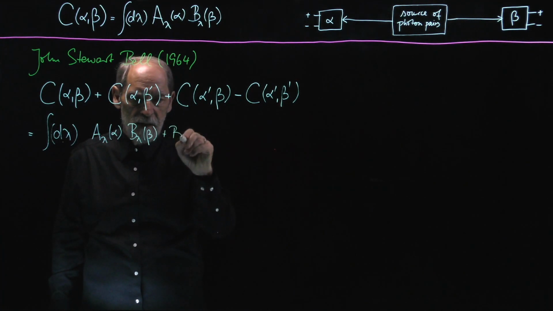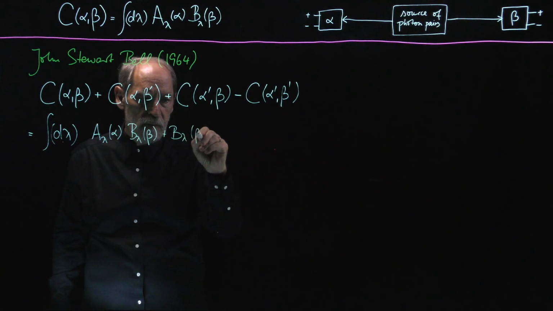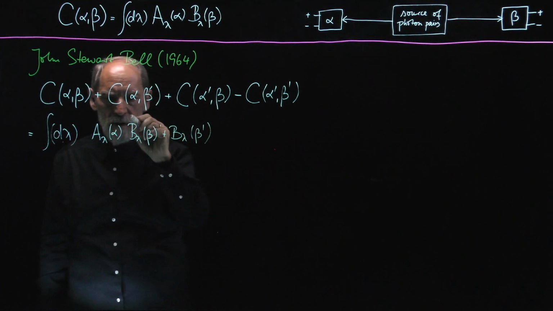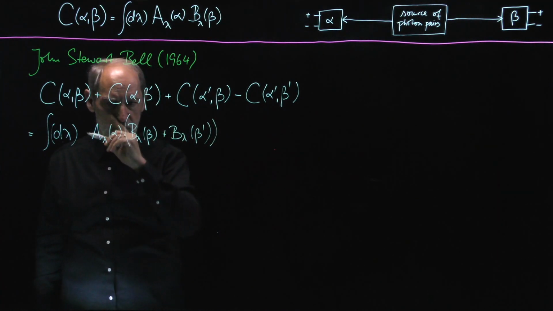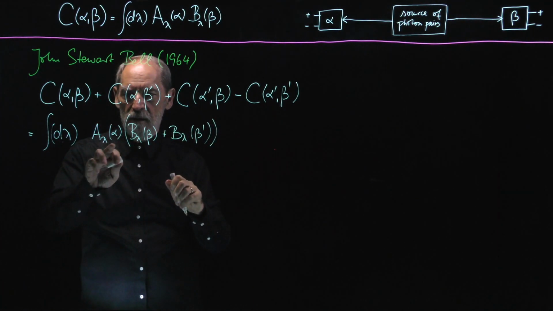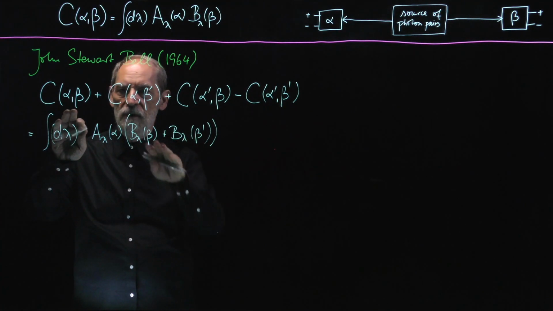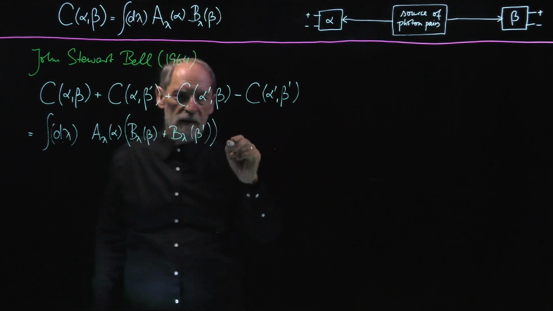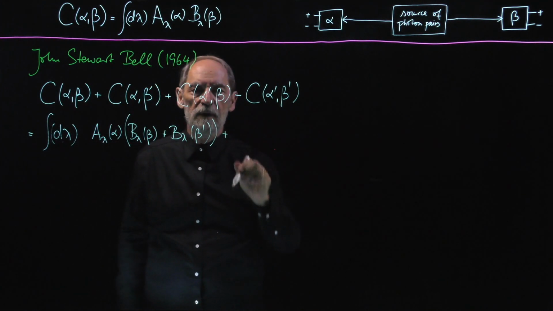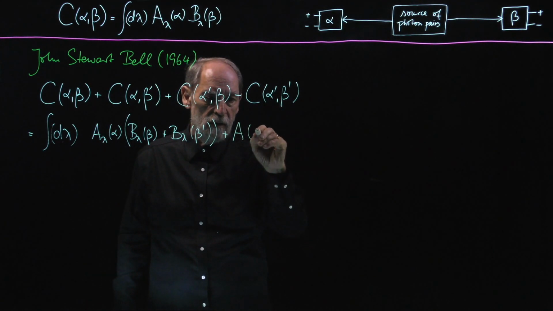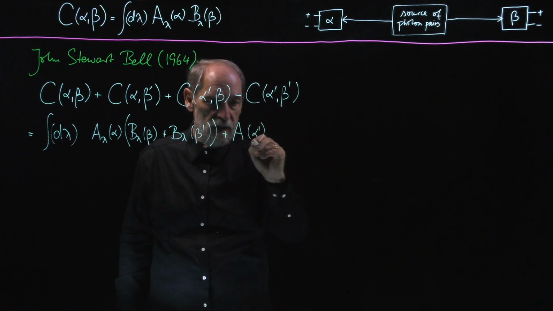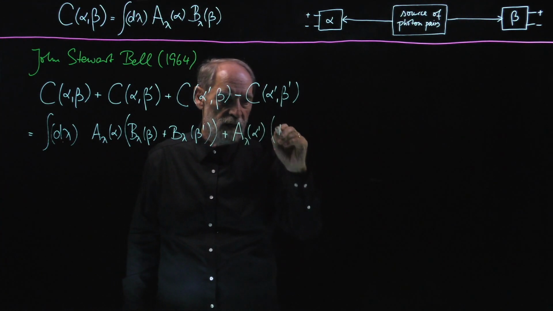I do this by adding the B lambda beta prime to the B lambda of beta, and then the sum is multiplied with the A lambda alpha. So these two terms are these two terms. And then we repeat, but now with alpha prime and beta prime, with the two B's subtracted rather than added.